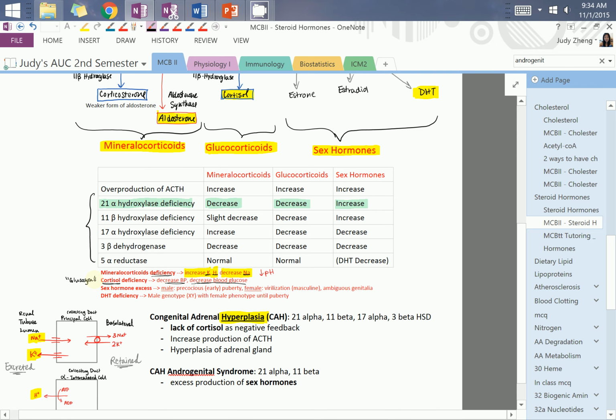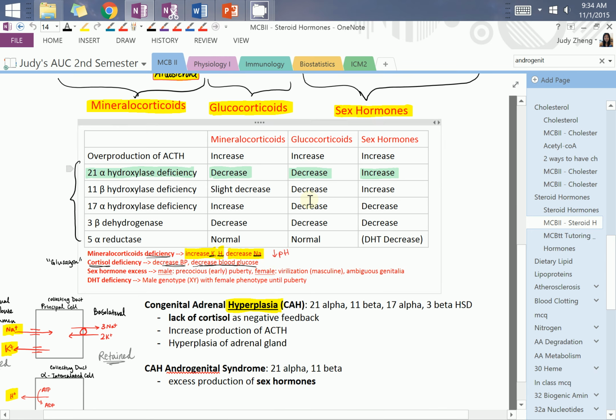And it's also involved in mobilizing lipids. So without cortisol, you'll have less lipolysis or mobilizing fats.